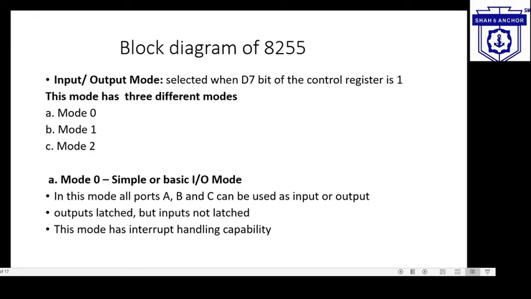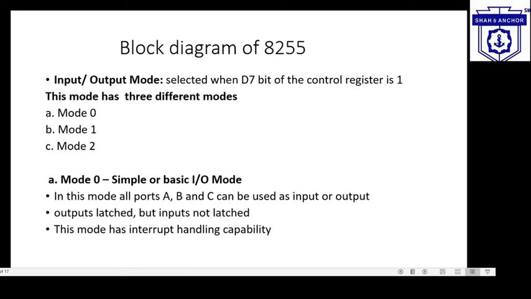The next mode of 8255 is input output mode. What is the value of the D7 bit of the control register? Now 1. So when D7 is 0, it is BSR mode. When D7 is 1, it is input output mode of 8255. In input output mode, 8255 has 3 different modes, mode 0, mode 1 and mode 2.